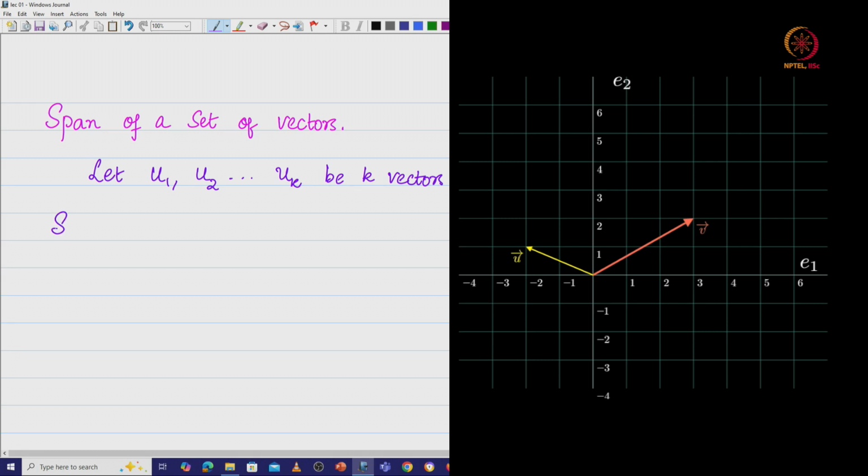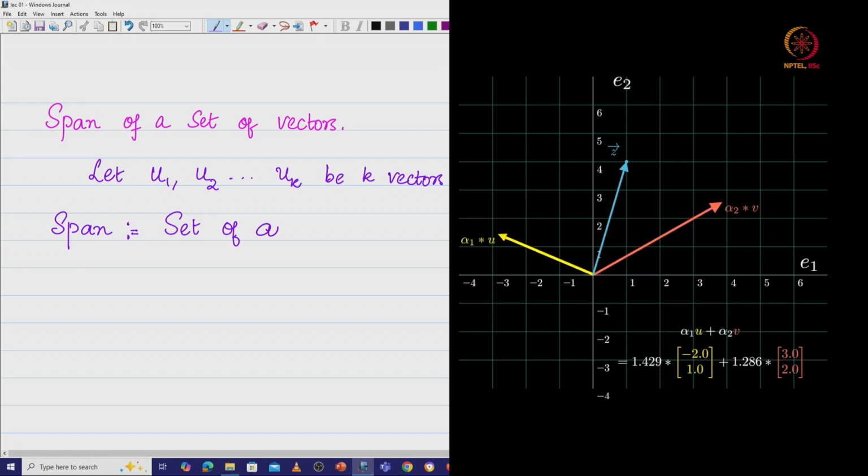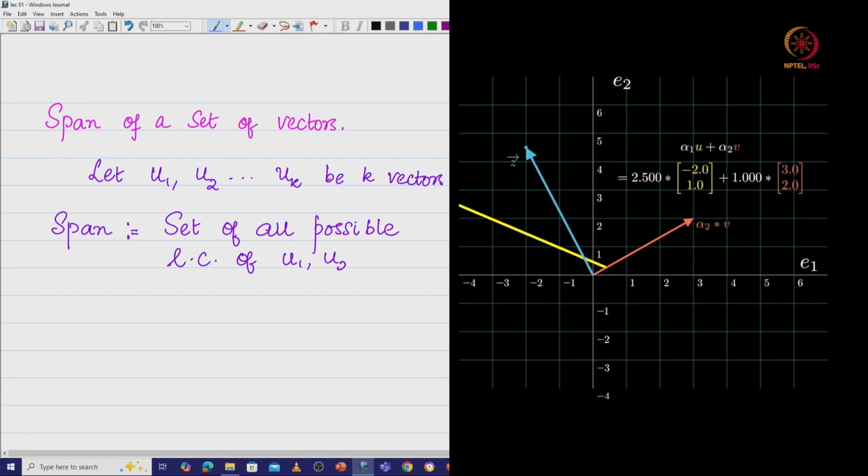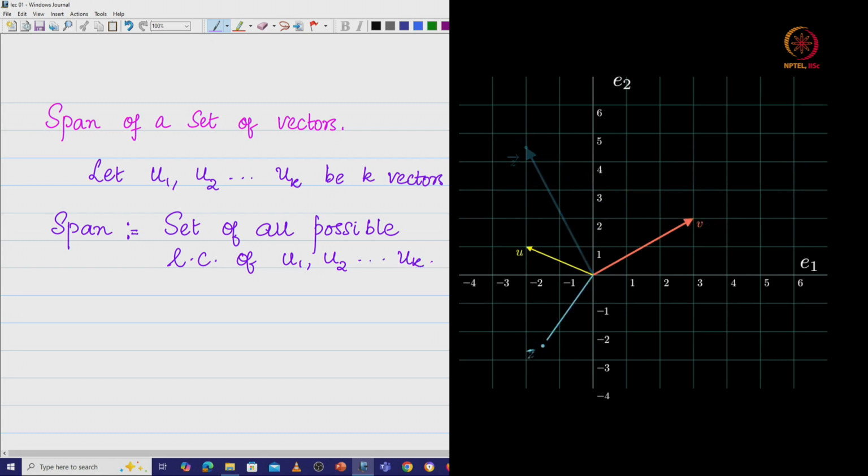So, the span of these vectors is basically the set of all possible linear combinations of u1, u2, uk. So, this is what you call a span.